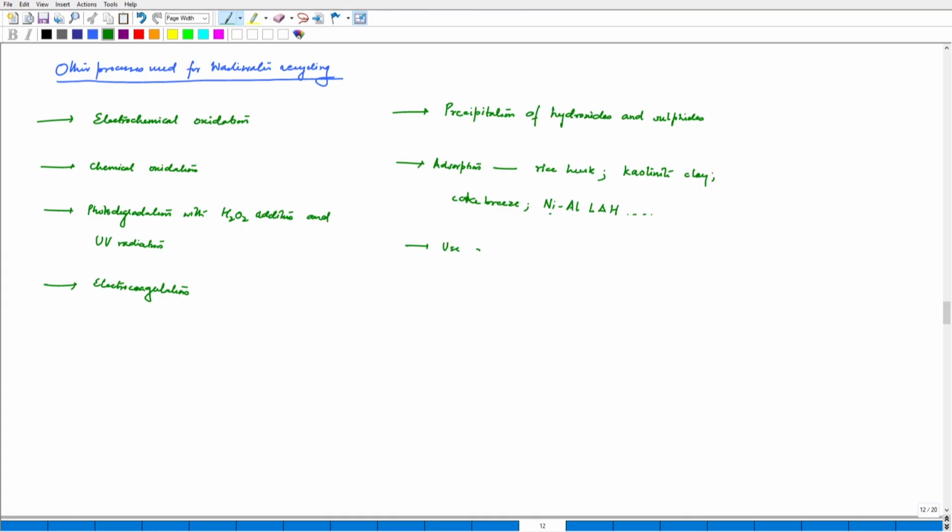And of course there is the use of microalgae. So one of the microalgae could be Arthrospira maxima, A. maxima, and such microalgae have been used for the remediation of wastewater.